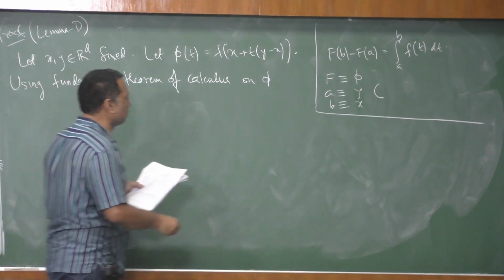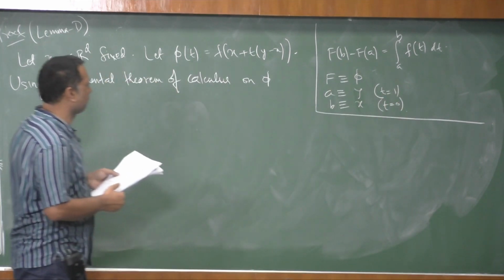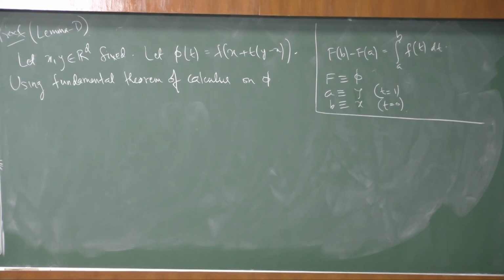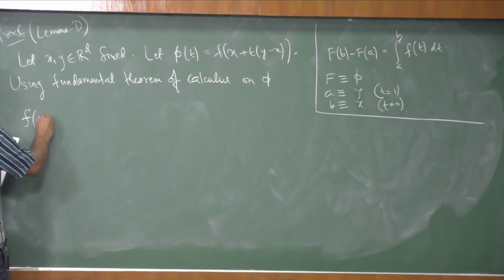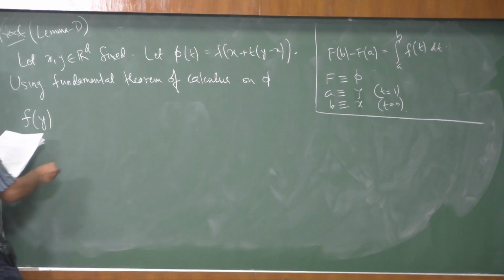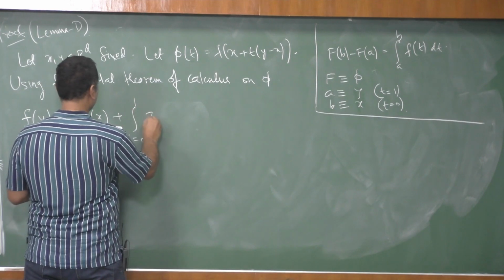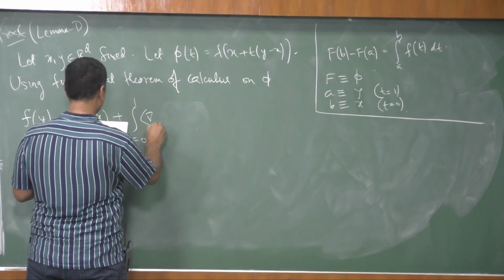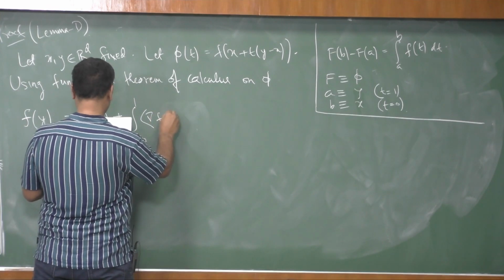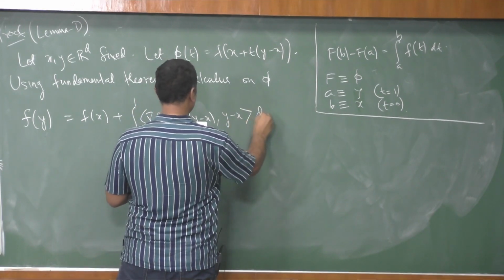Okay, so t that corresponds to t equals 1. Then I will write this down and relate to that first, because we want it in a way that is useful for us, which is f(y). So f(y) is f(x) plus the integral from t equals 0 to 1 of grad f of (x plus t(y minus x)) dt.